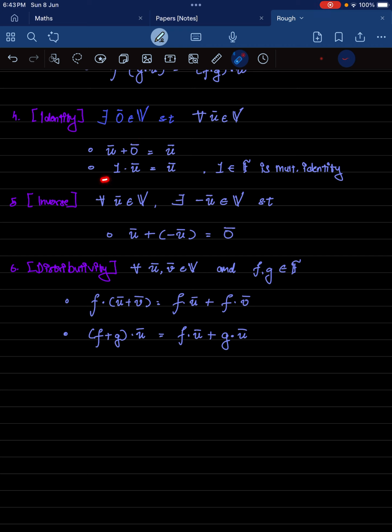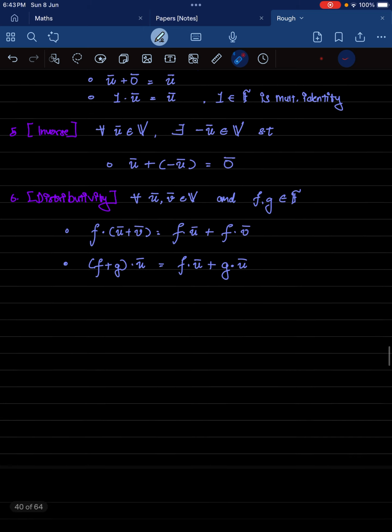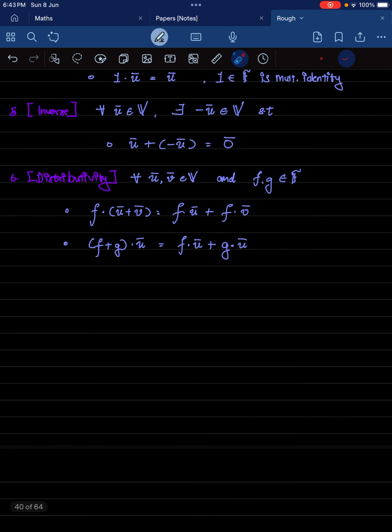Similarly, for scalar multiplication, 1 from the field f is the multiplicative identity. So if you multiply any vector with 1, you will get the same vector again. That's the rule. Inverse. Again, there is no multiplicative inverse that is inherited from the field f, but there is an additive inverse, and it exists for every vector u, and obviously u plus minus u will be the 0 vector. That's the definition of the additive inverse.